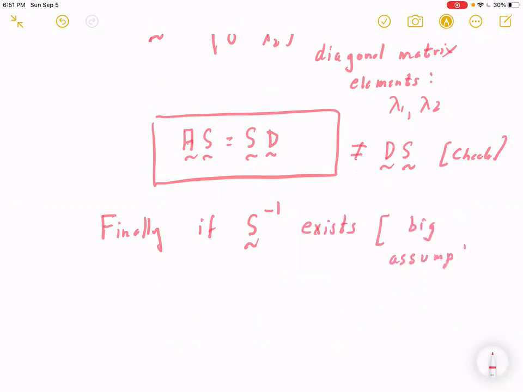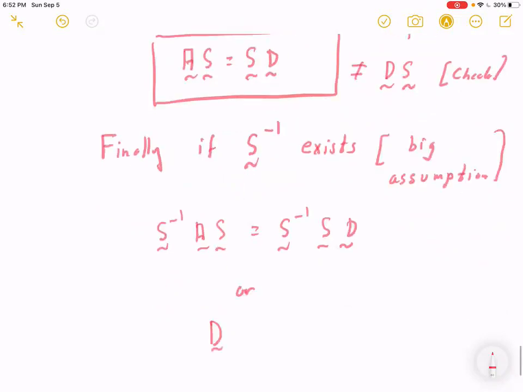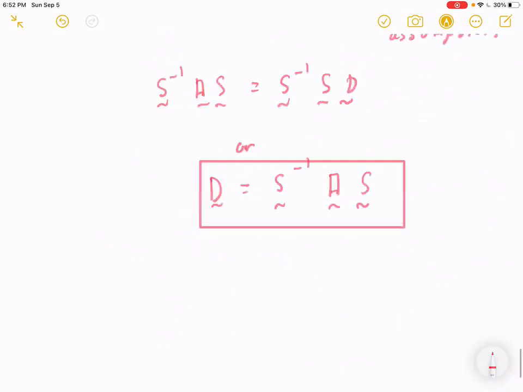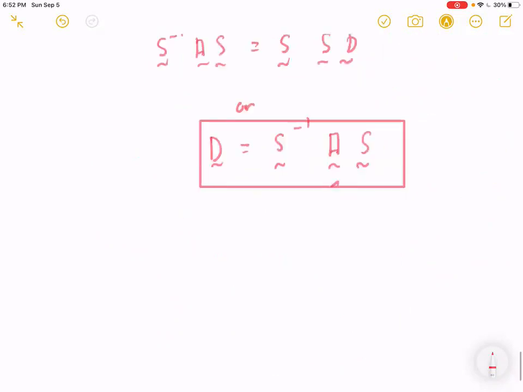But if the inverse of S exists, then you can take the inverse of S and left multiply both sides of this equation, and you will find that the following is true, where what you have is your original matrix A as input.